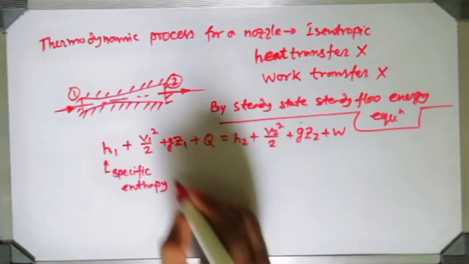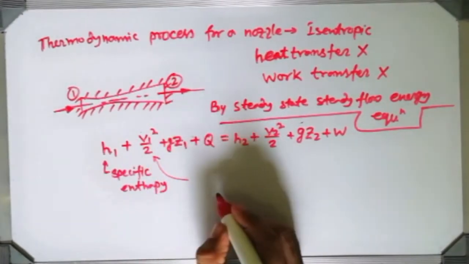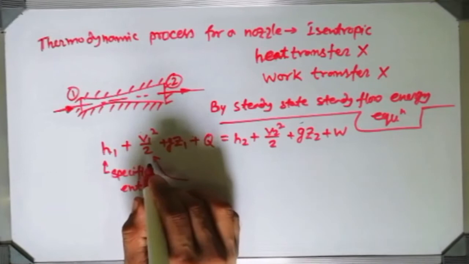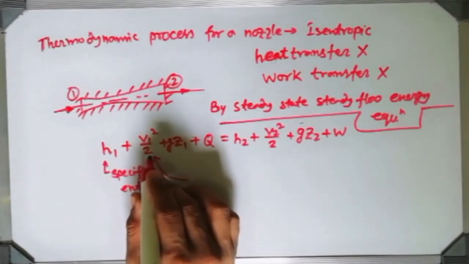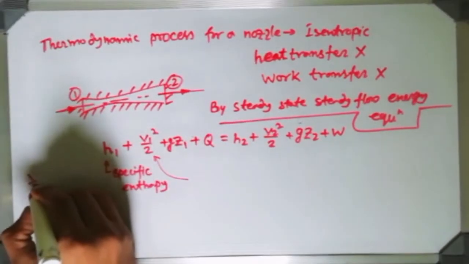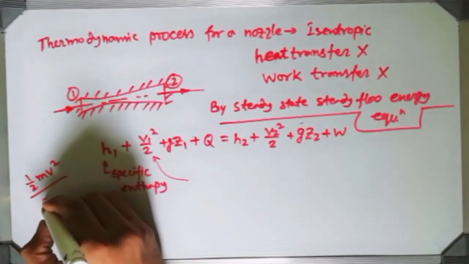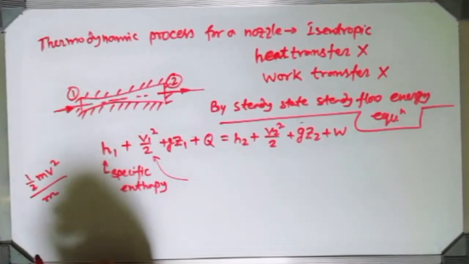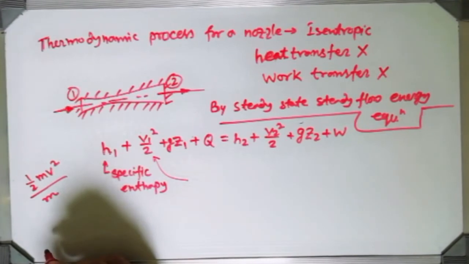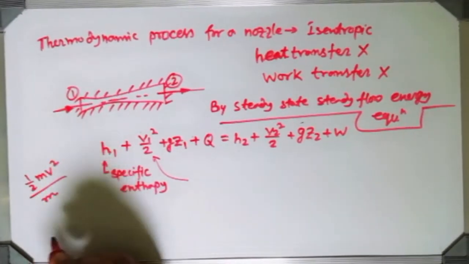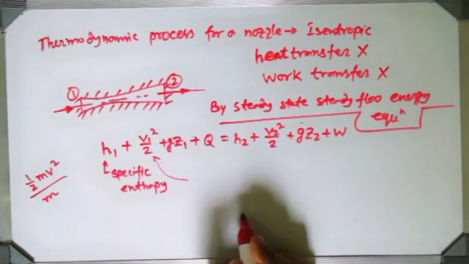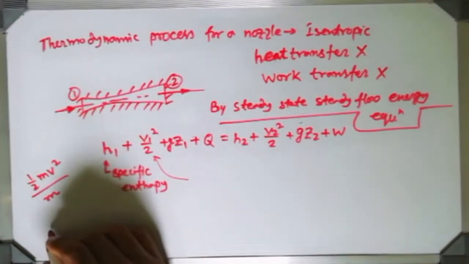That V1 square by 2, you can understand, is the kinetic energy per unit mass, because half m v square is the kinetic energy. If you divide it by mass, then it will be the specific kinetic energy, that will be V square by 2, which I have written over here. And potential energy, you know, is m g z.